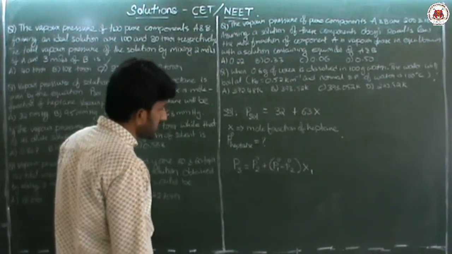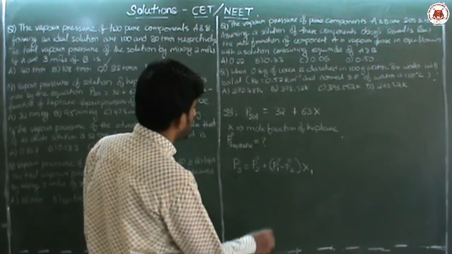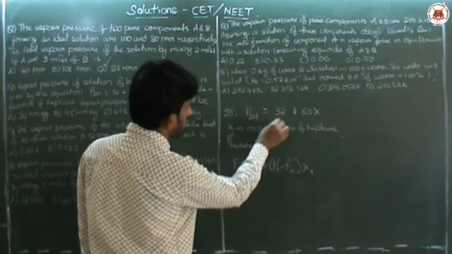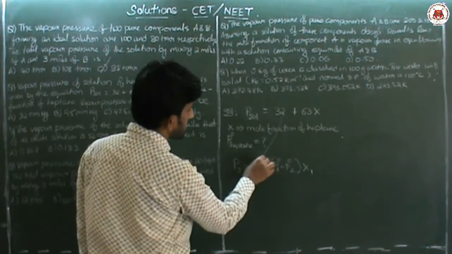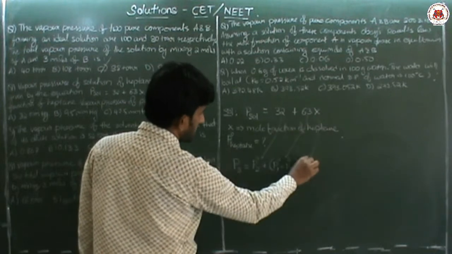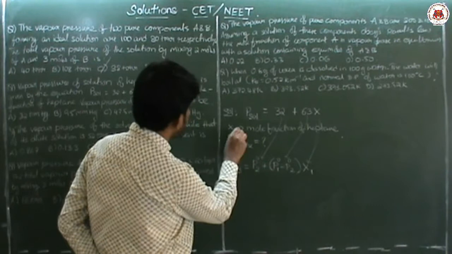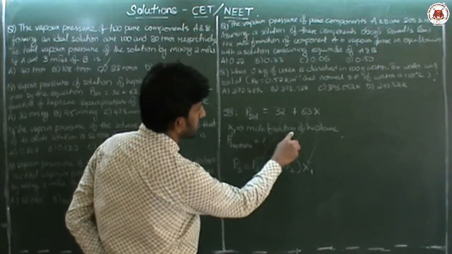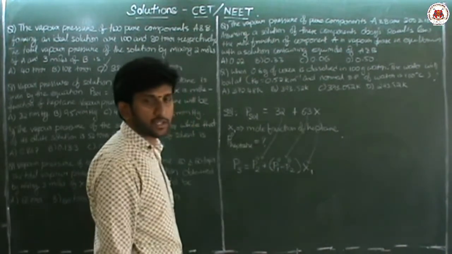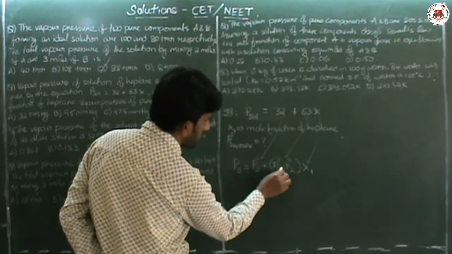Then what I can write from this equation is, this is comparable now. P02 you consider it is 32. This value is 63. This is x. So here x I am taking as x1. x1 is the mole fraction of heptane. Then what will be the pure vapor pressure of heptane?